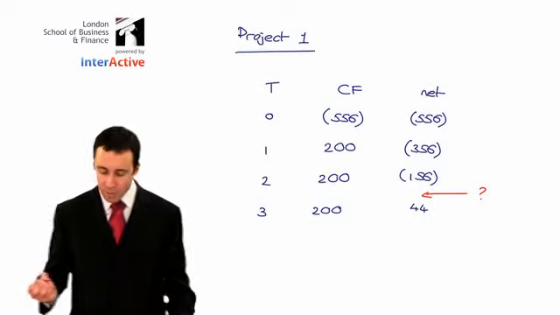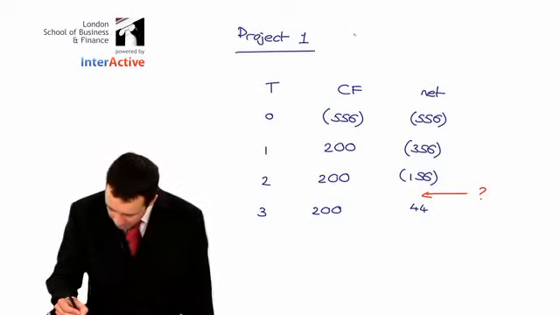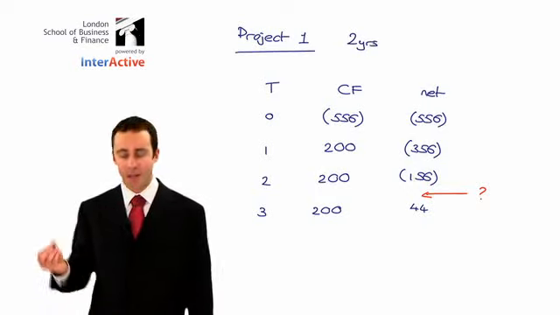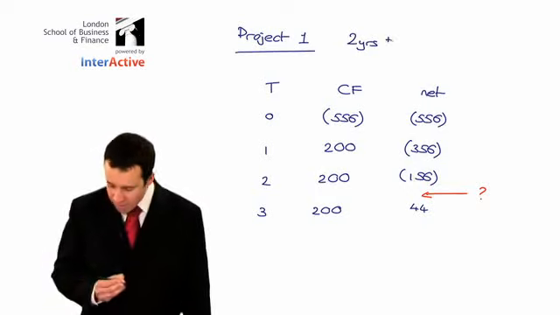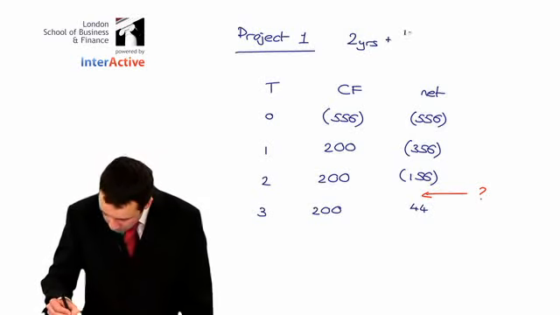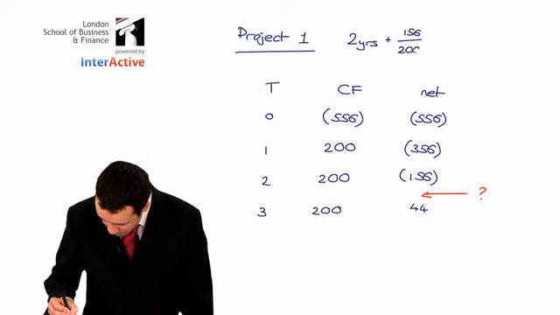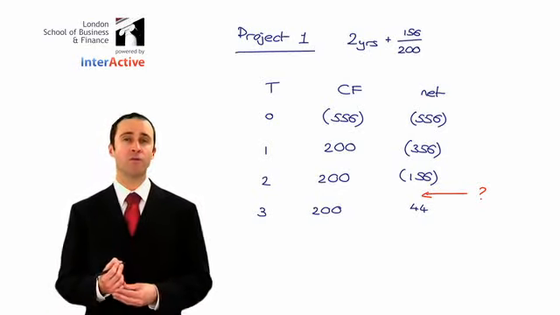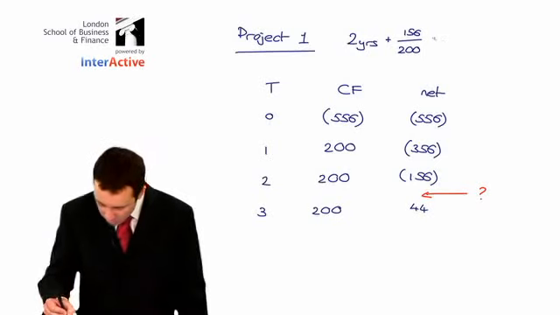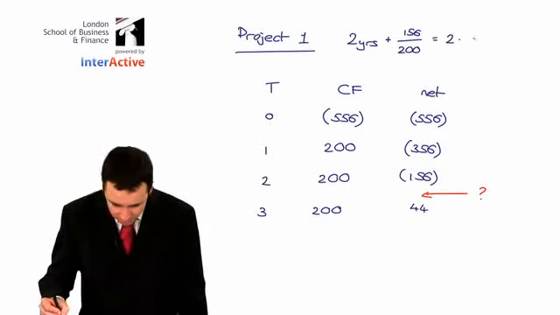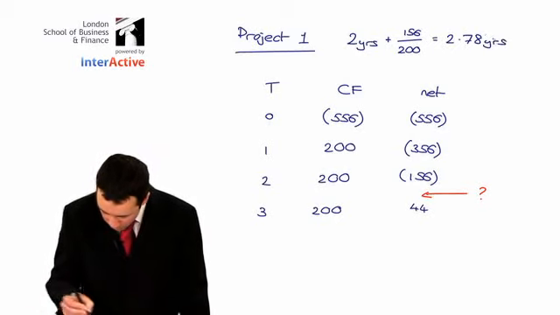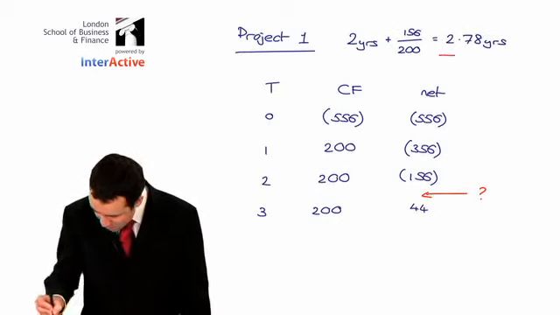So how do we work out our payback period? Well, it's 2 years, and we then need £156,000 over the year, whereby we got a full £200,000. So based upon my calculations, 2.78 years.